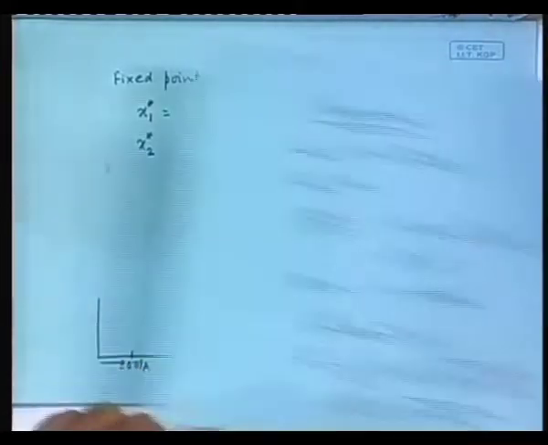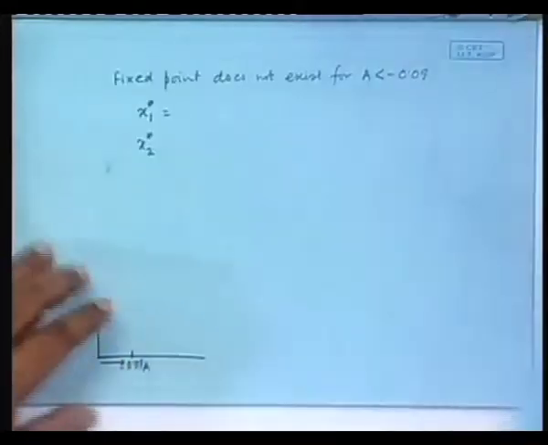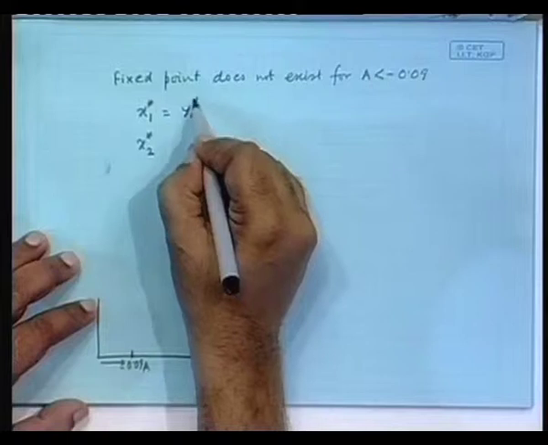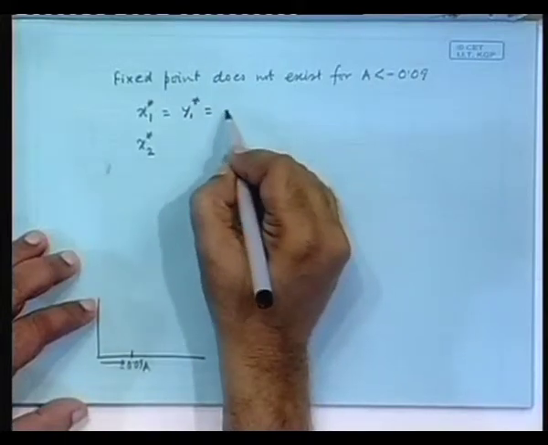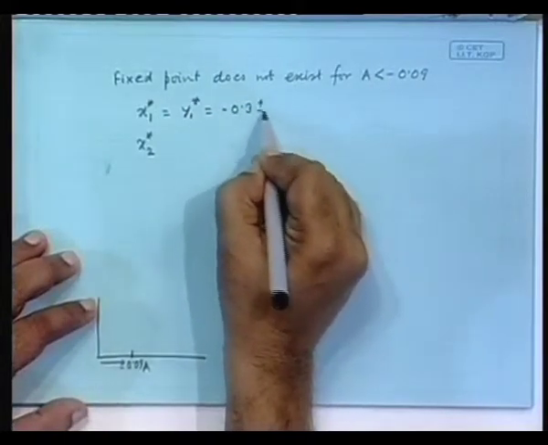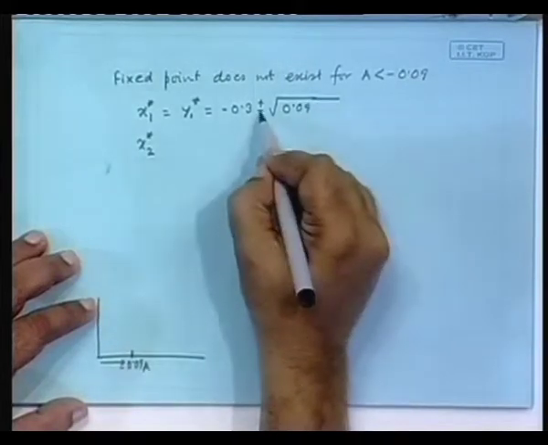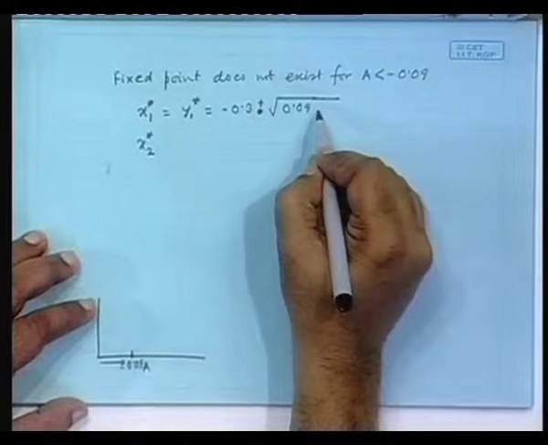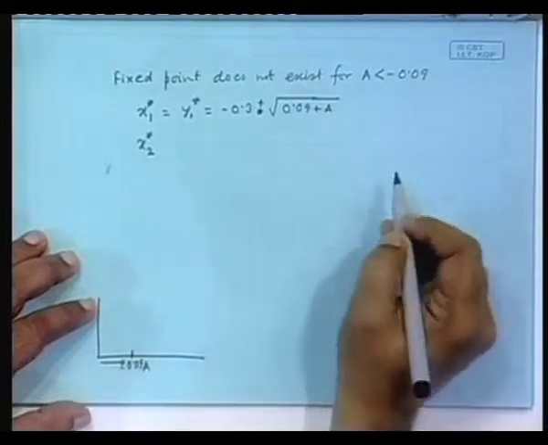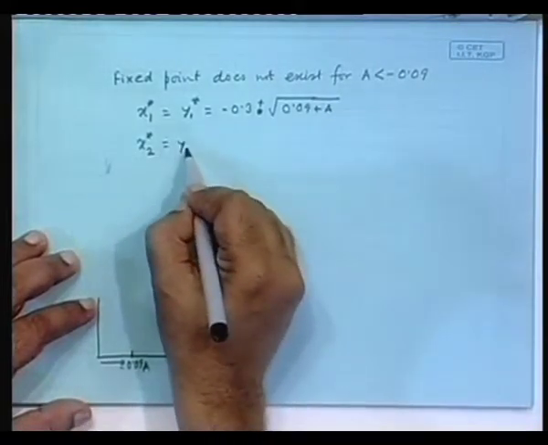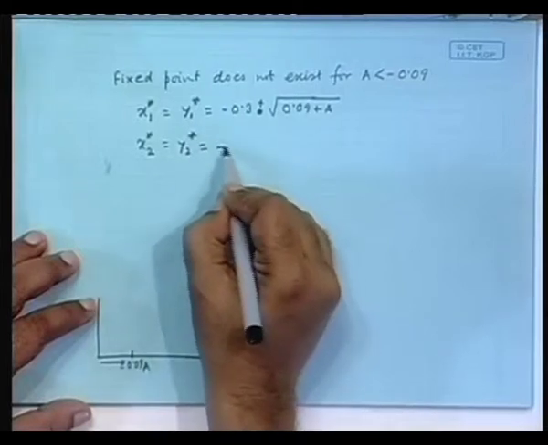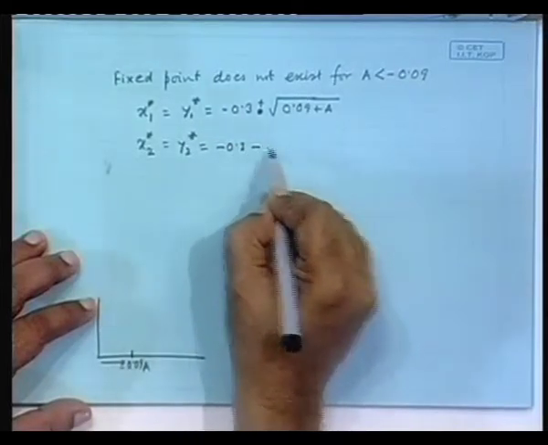This is also y1 star is equal to minus 0.3 plus root over 0.09, not plus, this is only the plus a, and y2 star is equal to minus 0.3 minus.